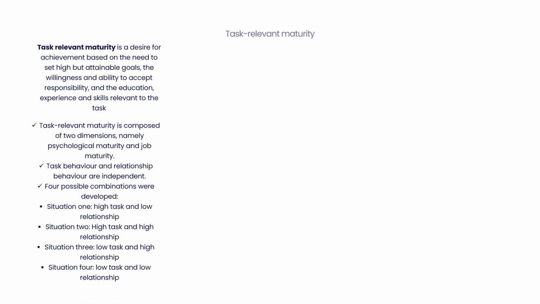4 possible combinations were developed. We have situation 1, high task and low relationship. We have situation 2, high task and high relationship. We have situation 3, low task and high relationship. We have situation 4, low task and low relationship.